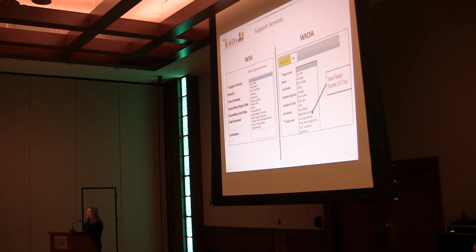Apparently they mean two different things, but there is going to be a business rule so you can only select needs related payment if your customer has enrolled in the DW program. So you won't be able to select it for youth or adults. Any questions on support service before we move on?